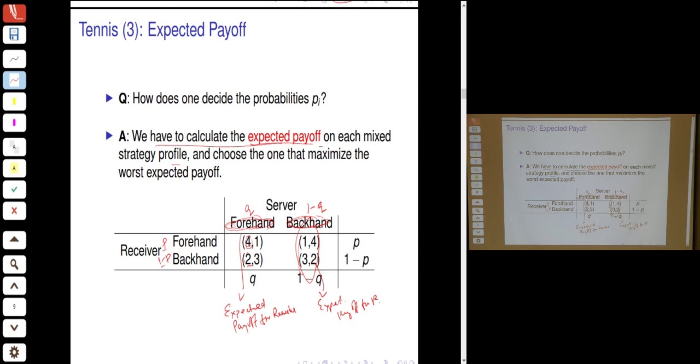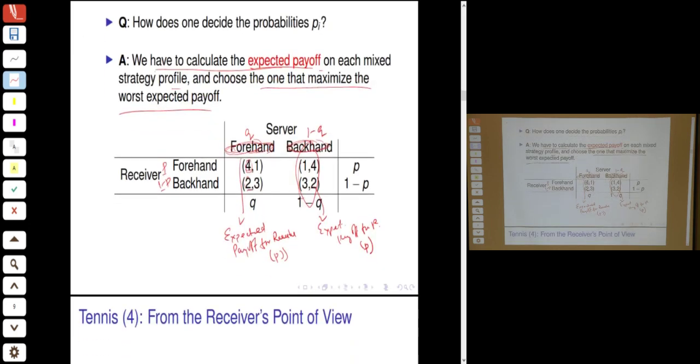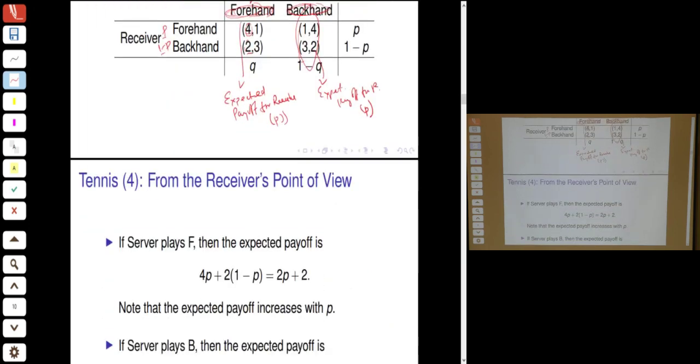In general, they will be different, and both of them will depend on P. So these two expected payoffs will be different, and our goal would be to choose the strategy profile which maximizes the worst among these expected payoffs. We will see the details of this kind of analysis through an example.